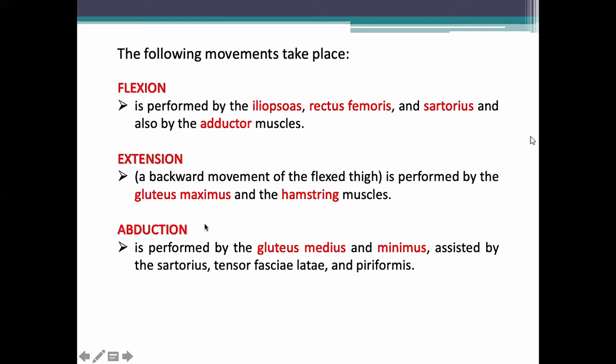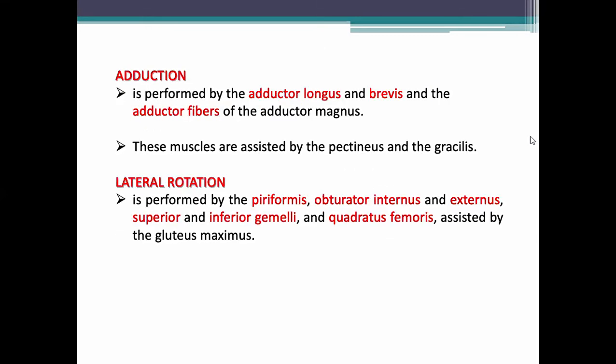Abduction is performed by the gluteus medius and minimus, assisted by the sartorius, the tensor fasciae latae, and the piriformis. Adduction is performed by the adductor longus and brevis and the adductor fibers of the adductor magnus, assisted by the pectineus and the gracilis.